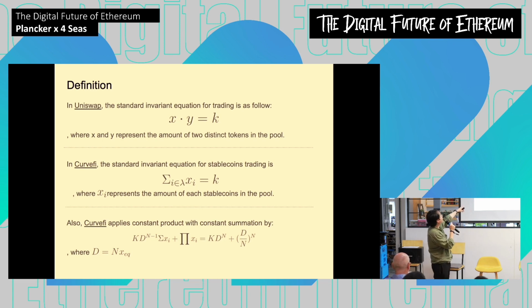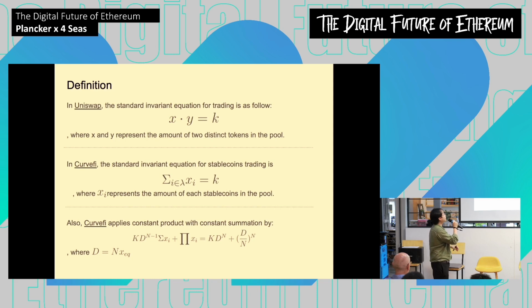Next, we talk about Curve Finance. They do something more like multi-asset, and in the first white paper they focused on the multi-stablecoin pool.